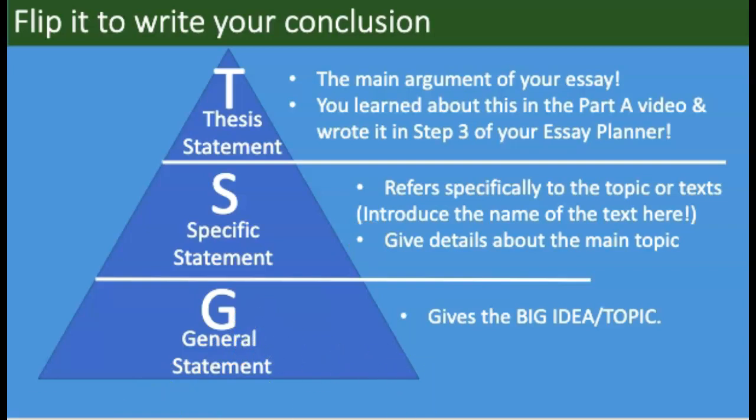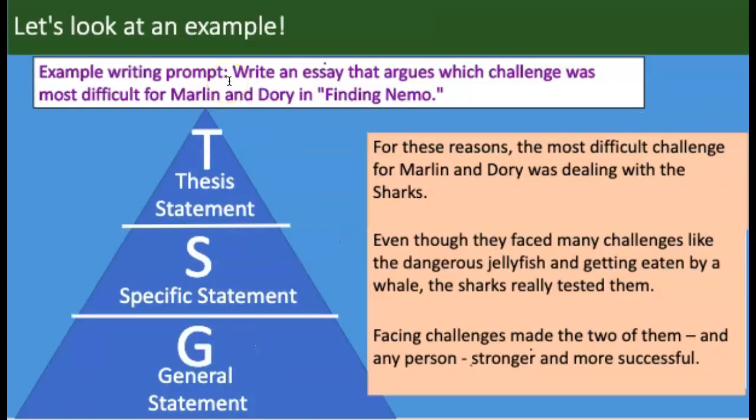Let's look at the example of Finding Nemo. So remember, their prompt asks them to write an essay that argues which challenge was most difficult for Marlin and Dory in Finding Nemo. So we restated our thesis. For these reasons, the most difficult challenge for Marlin and Dory was dealing with the sharks. Then, becoming a little more specific, even though they faced many challenges like the dangerous jellyfish and getting eaten by a whale, the sharks really tested them.